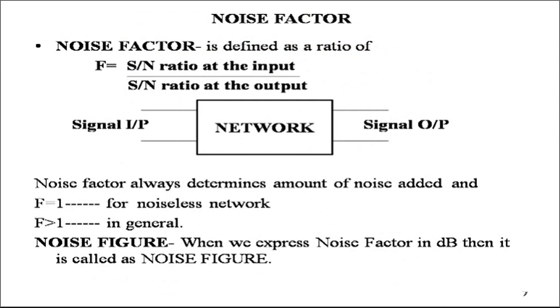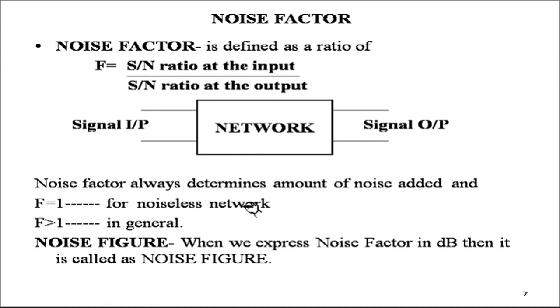Now noise factor. What is noise factor? Noise factor is defined as the ratio of the signal to noise ratio at the input to the signal to noise ratio at the output. So basically you may just consider a network, and this side is always the input side and this is always the output side. Noise factor F is equal to signal to noise ratio of input divided by signal to noise ratio at the output.